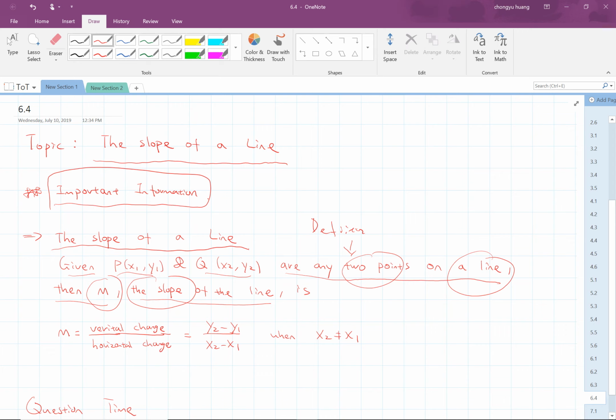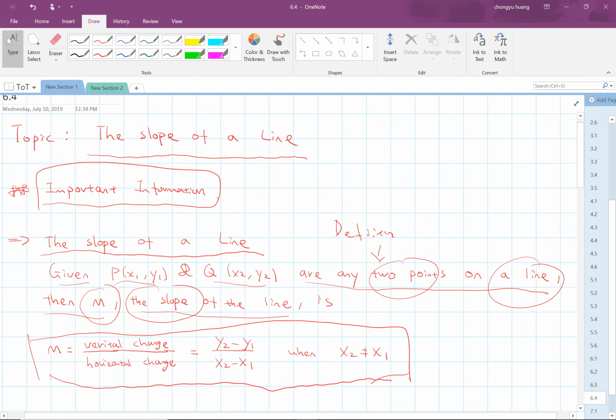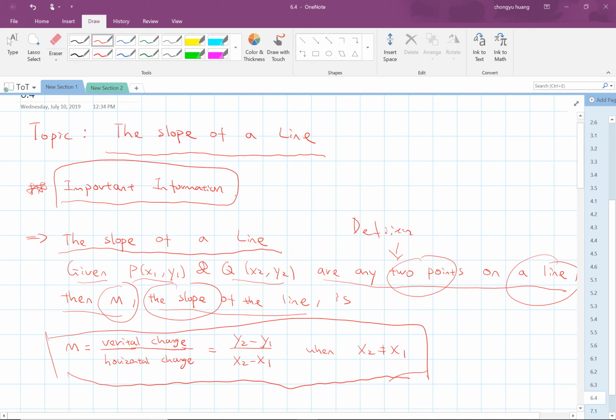You can see the equation for how we calculate slope over here. Let me zoom in a little bit. m is equal to the vertical change over the horizontal change, so it's basically y2 minus y1 over x2 minus x1.